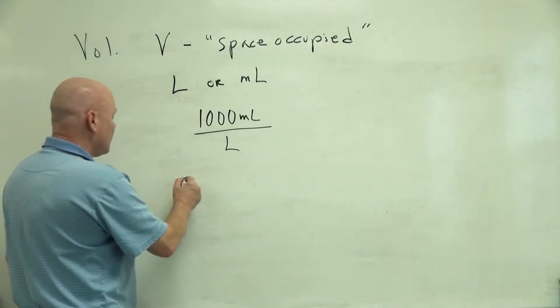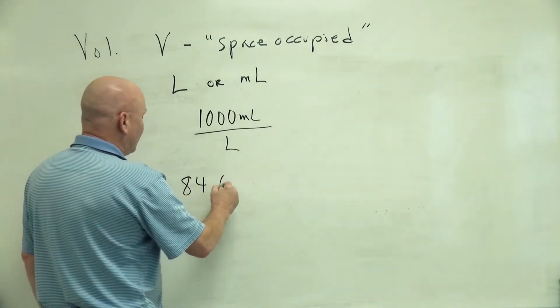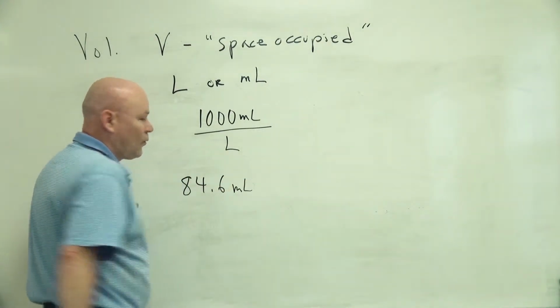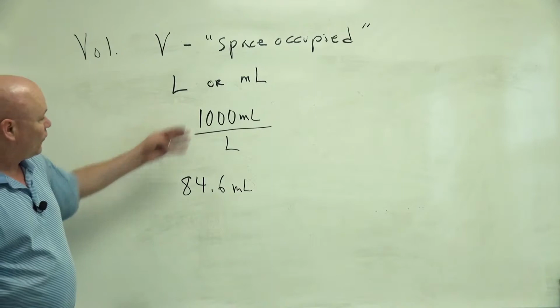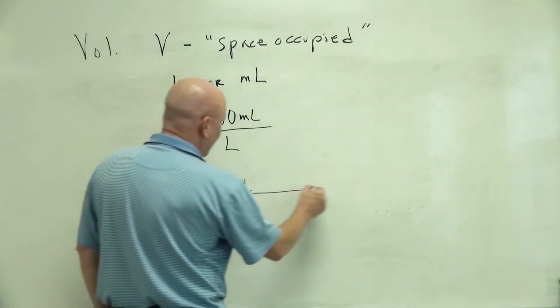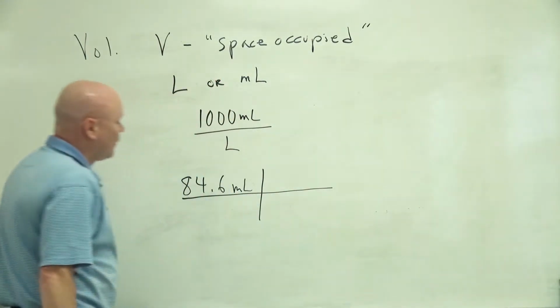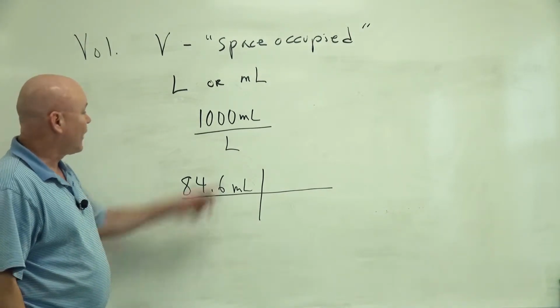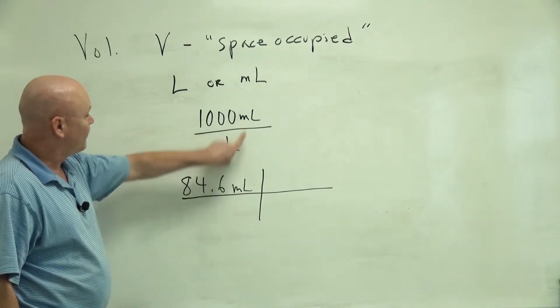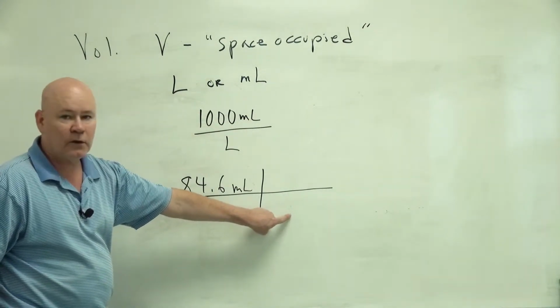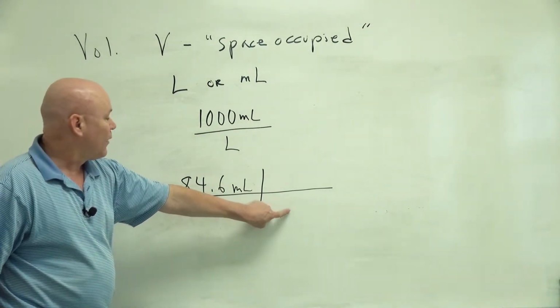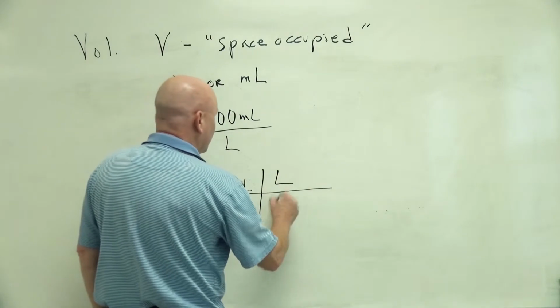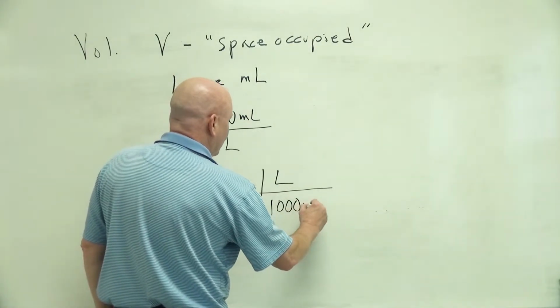Let's say we had 84.6 milliliters, and I want to put that in liters. Well, I'm going to use this as my conversion factor. Same rules apply whenever we use conversion factors. We've got to make sure units match up, so what goes down here? We're going to need milliliters down here. And so we say a liter is 1,000 milliliters.